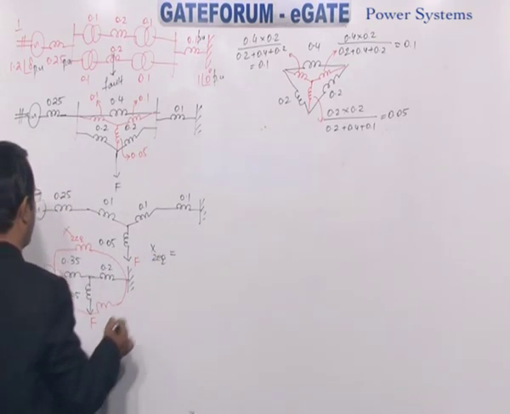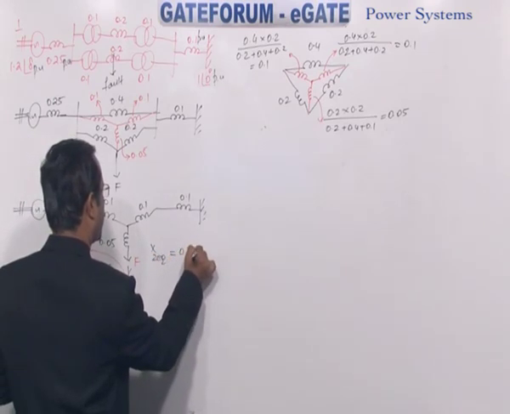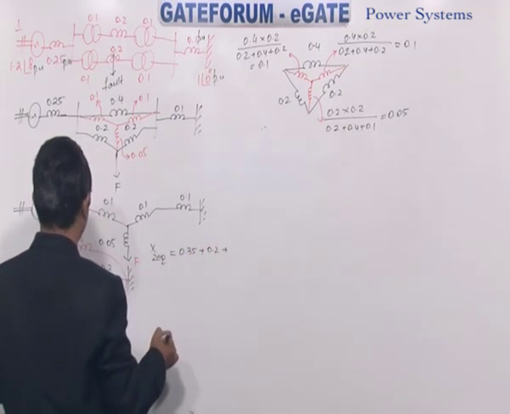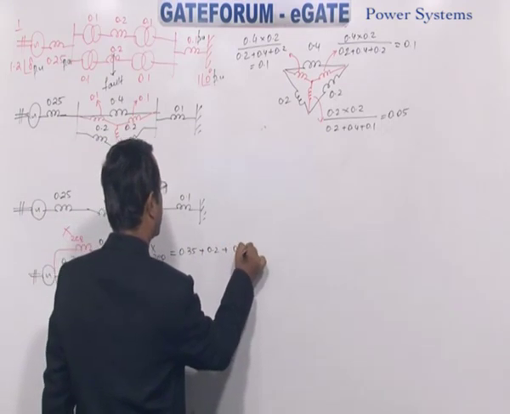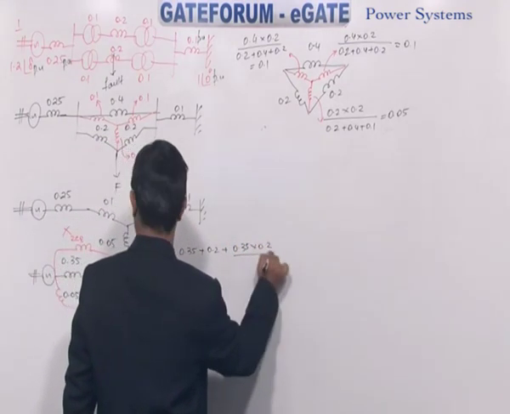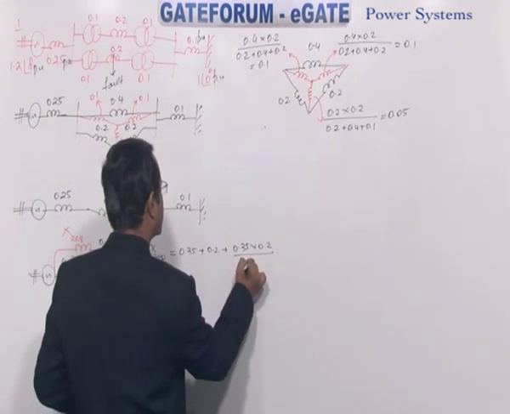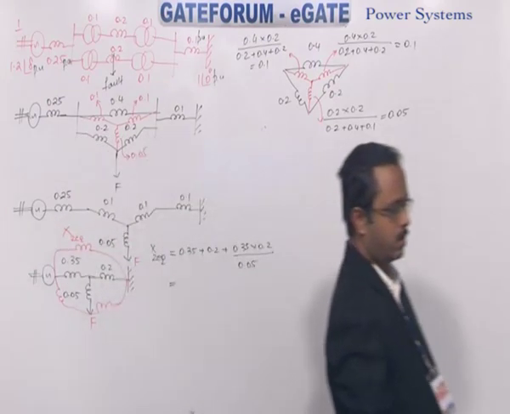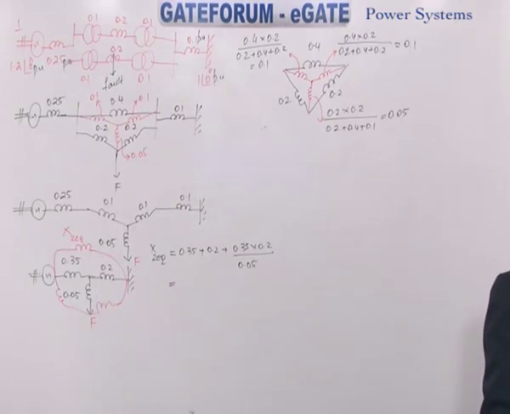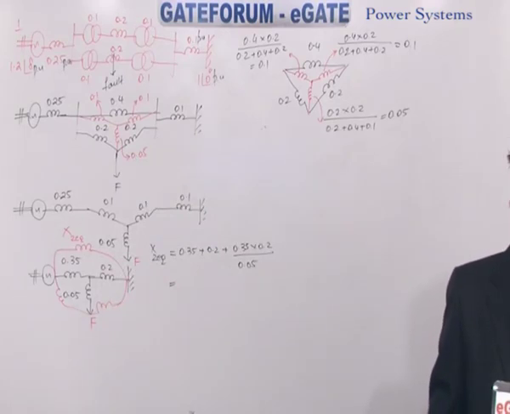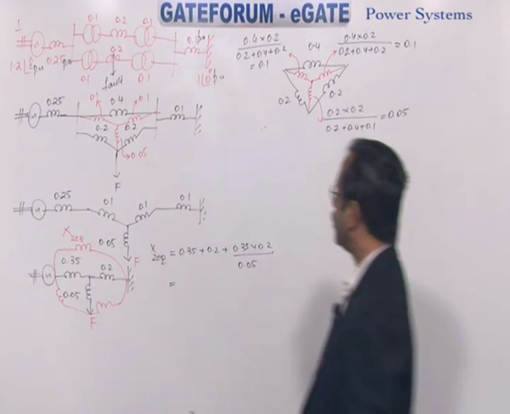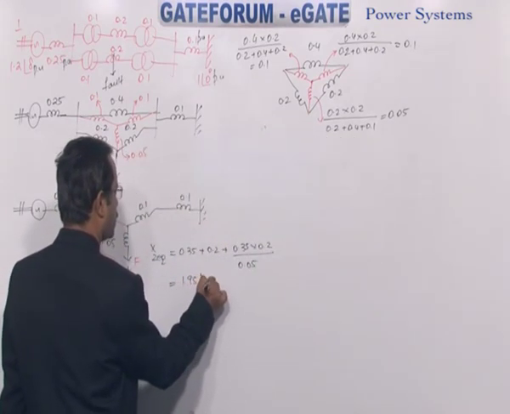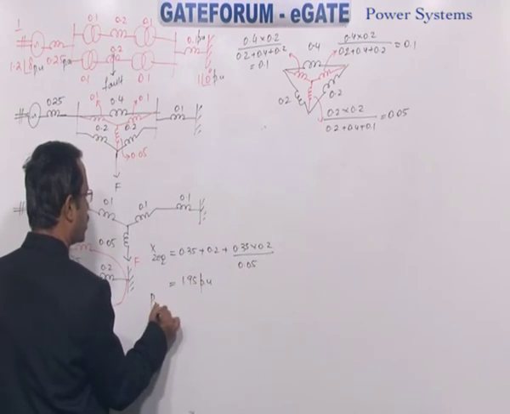So this side we have 0.35. This side you have 0.2. Now to this you add their product and divide by the missing one, which is 0.05. So now we simplify this one and find 1.95 per unit. Then we can calculate PM2.